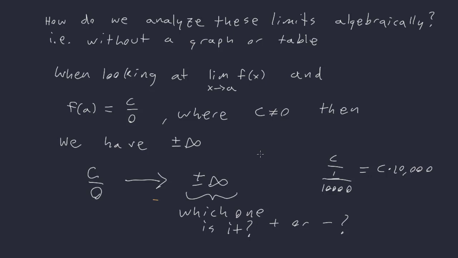It's just, which one is it? Which sides are the different blow-ups on? Okay, etc. So how we go about determining which one it is is actually just a little bit of logic for the most part. Okay, so let's take a look at some examples to show how we do this algebraically.